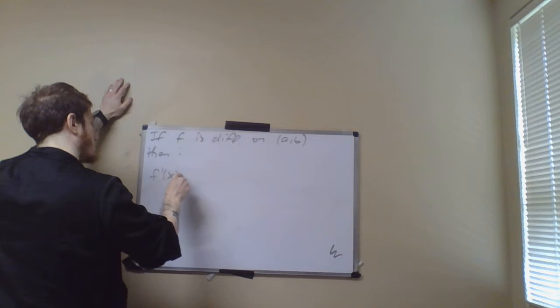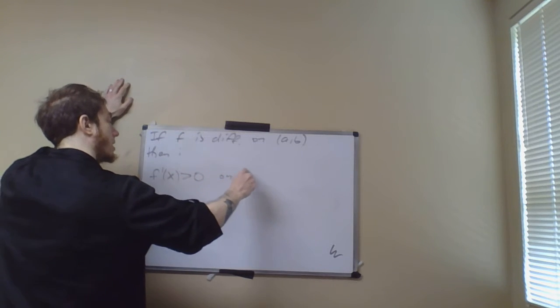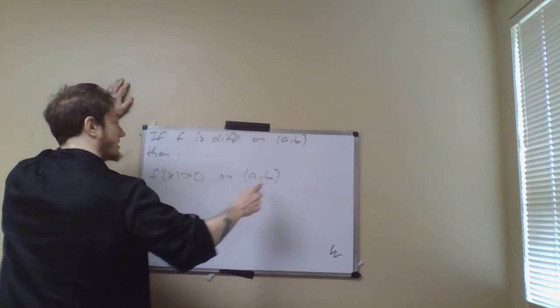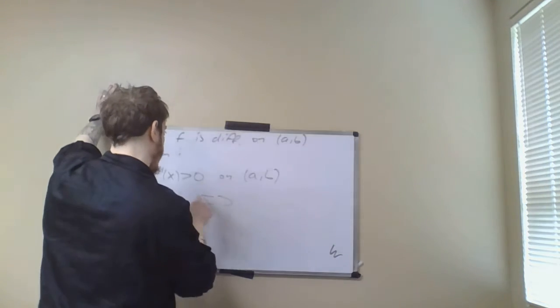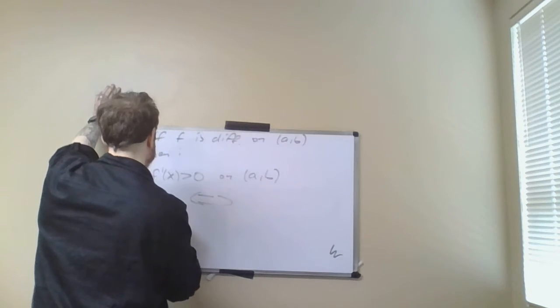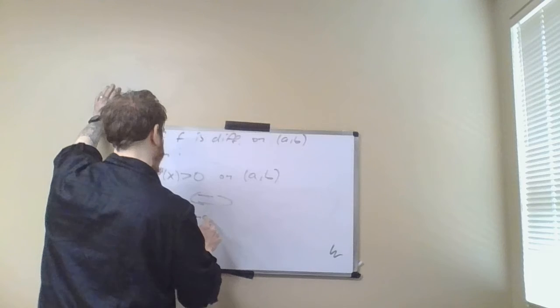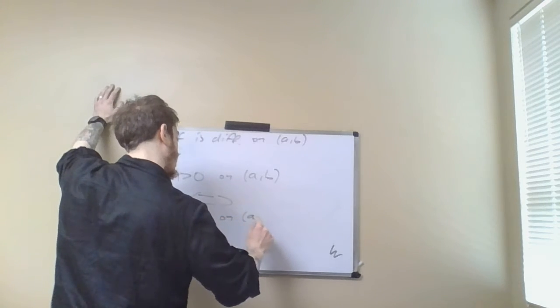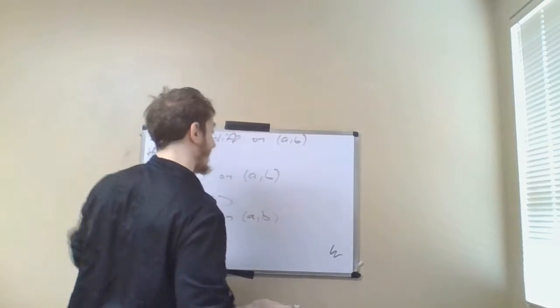F prime of x being bigger than 0 on the interval from a to b is equivalent to saying that f is increasing on a to b.